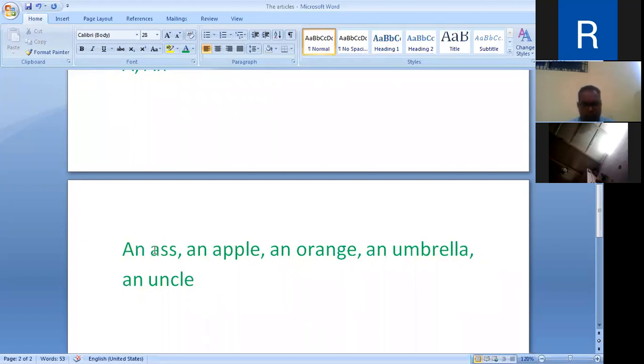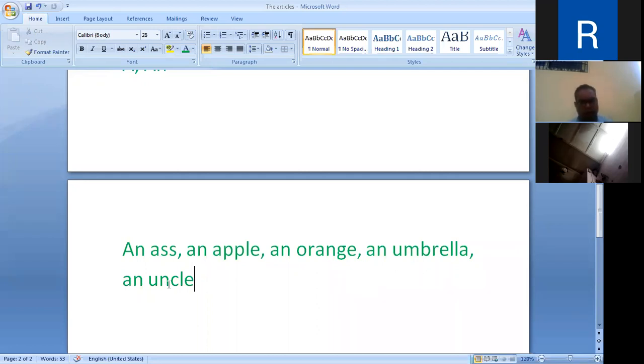Its beginning sound is a vowel: a, apple; a, orange; a, umbrella; u, uncle. These are the vowel sounds, and when words begin with such vowel sounds, before them we have to use an.